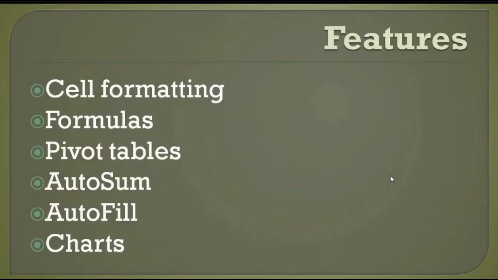What are the features? We can format the cell. Cell is a combination of a row and a column. And this cell can be formatted like size formatting, the increasing and decreasing of heights and widths of rows and columns, then the borders, etc. And we can apply a formula to the cell, and we can use a pivot table.